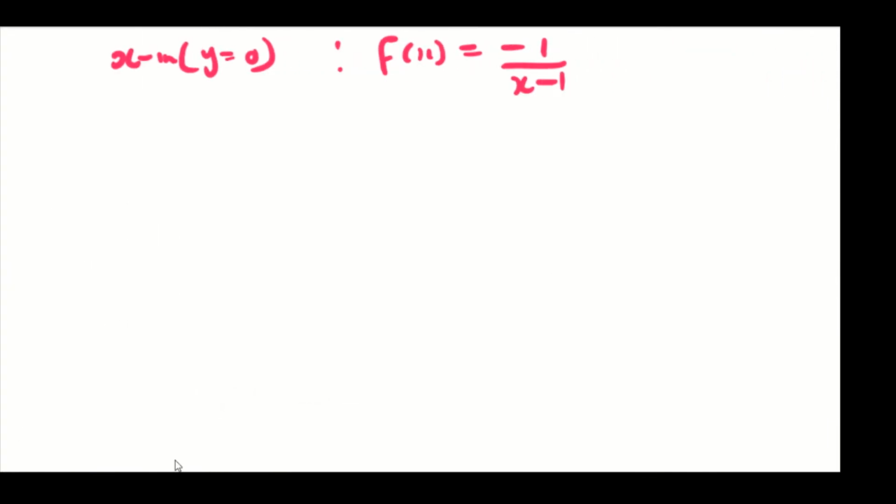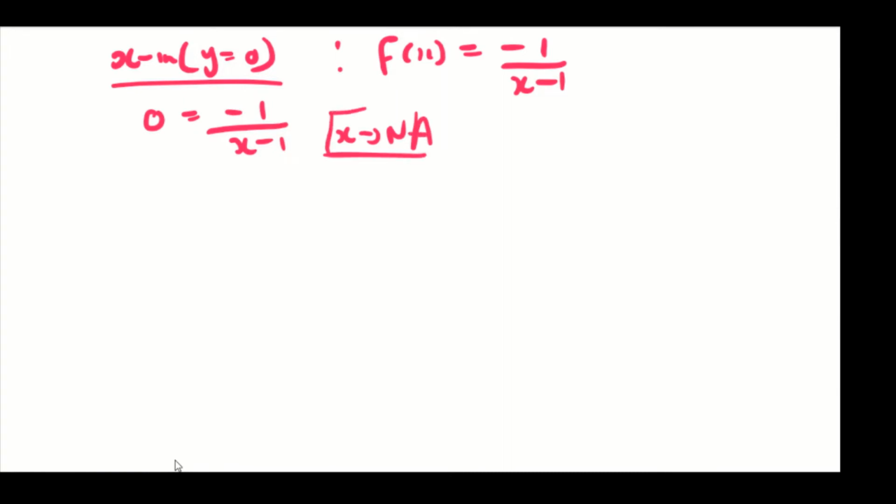So now we're going to write our x-intercept when y is equal to 0. It's going to be 0 equals minus 1 over x minus 1. When you cross multiply, x minus 1 multiplies the 0, so there's no solution for x.